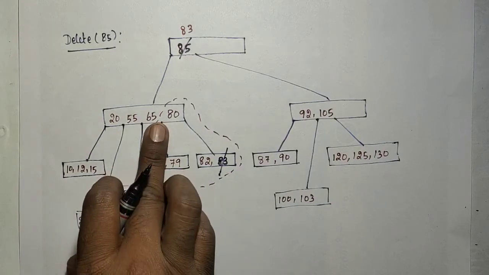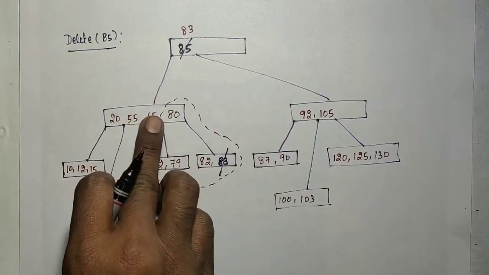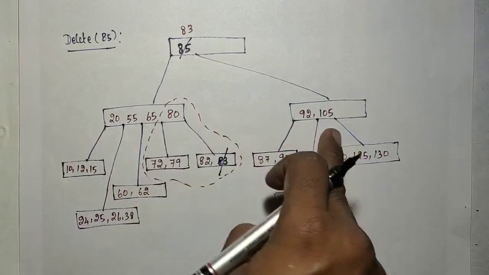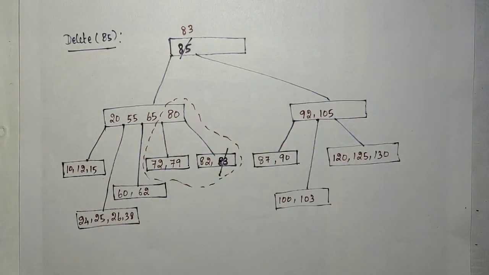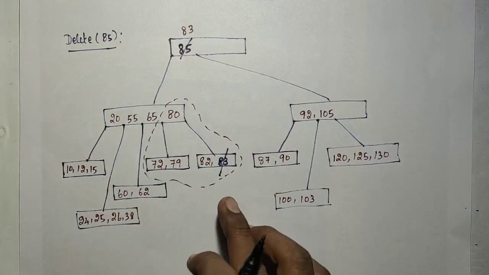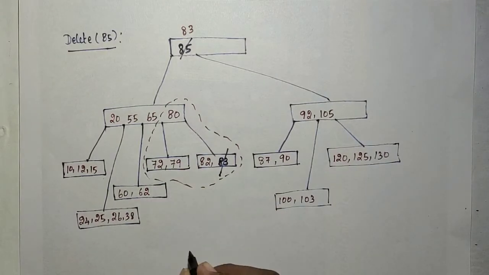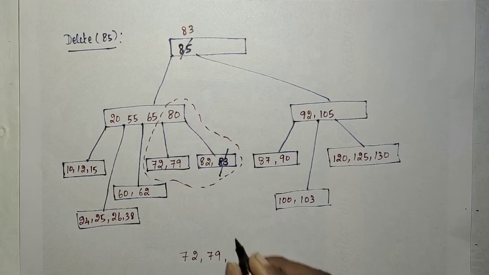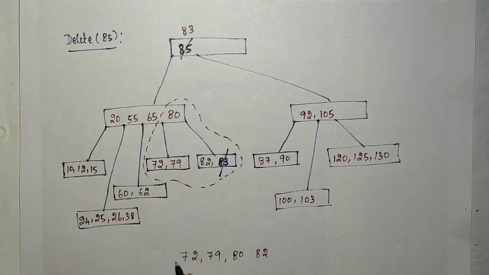If the parent goes underflow, I have to repeat the same: borrow from the left or right, or merge, like that we have to go, correct? So in this case we merge like 72, 79 and 82, sorry, 80 and 82. This will become a single node, correct?